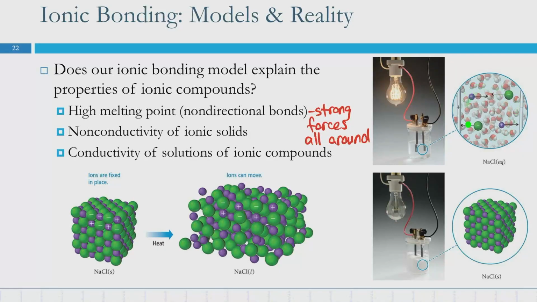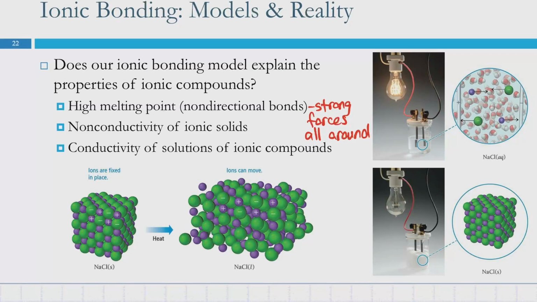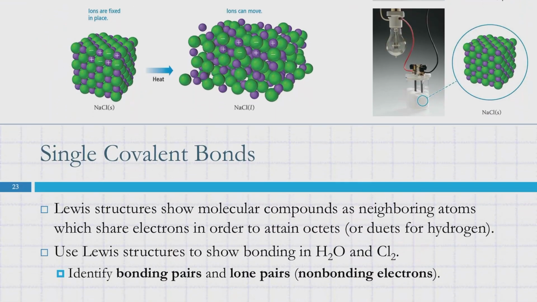If you put it in a solution, however, and you separate those ions, then it will conduct electricity. It becomes an electrolyte solution because we've separated the positively and negatively charged ions, and so they can move freely around each other.